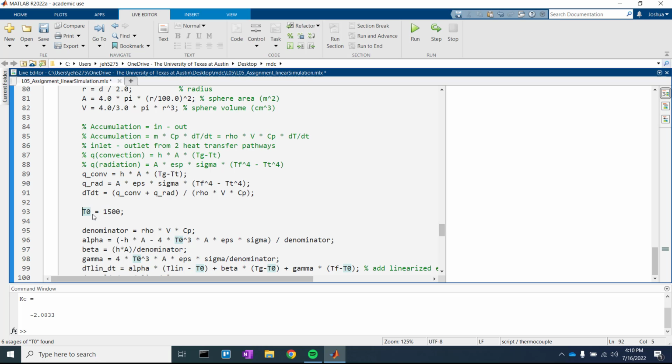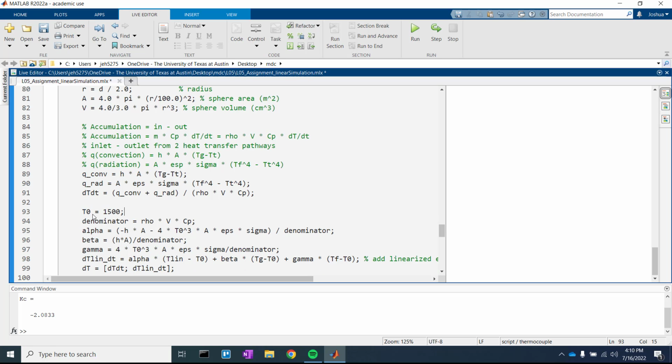So let's make it clear what's what. We have the denominator, which is constant. They're all constants. But let's look at each of these terms and how we would linearize them with respect to our variables. First, let's list what our variables are in this system. We get out the pen.